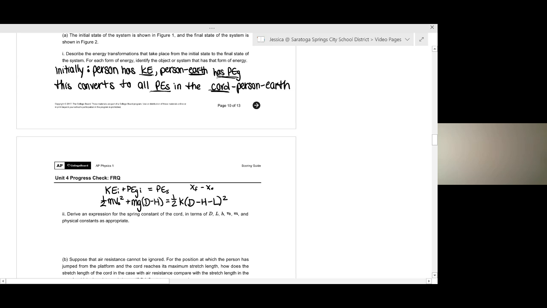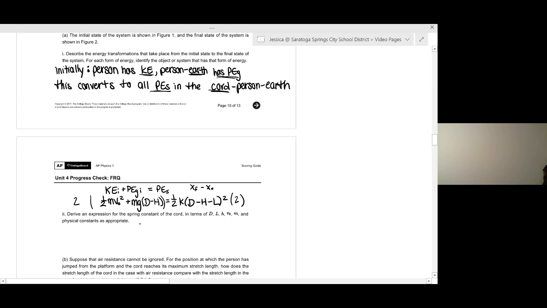Not at all. Okay. One thing to keep in mind is that we cannot cancel the m's because there's not an m in every single term. We cannot cancel the 1/2 because there's not a 1/2 in every single term. So this equation is just going to be ugly. All right, so we're going to multiply both sides by 2 to get rid of the 1/2.